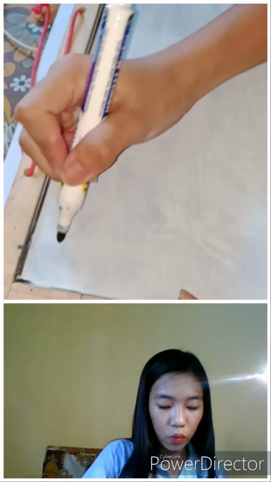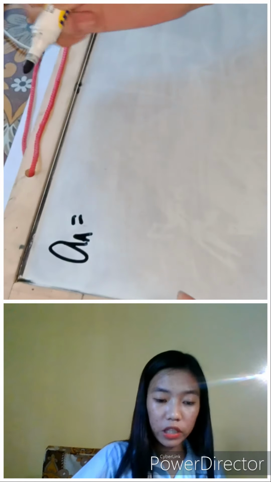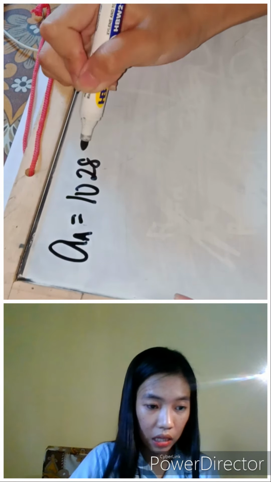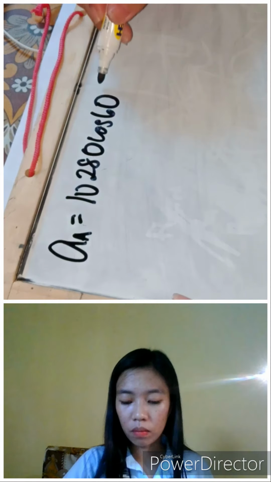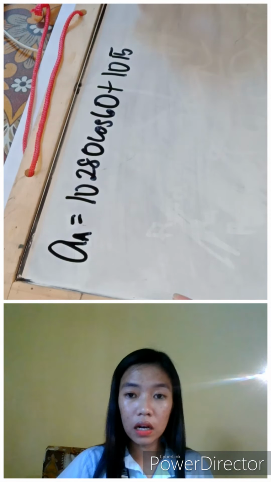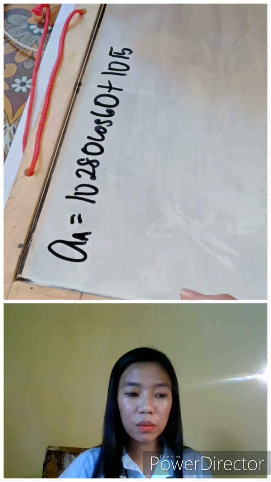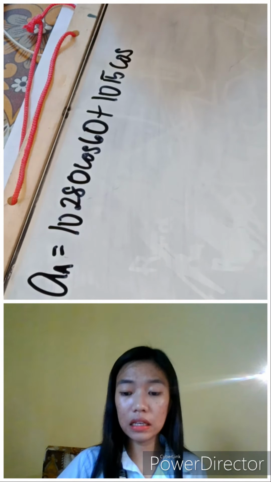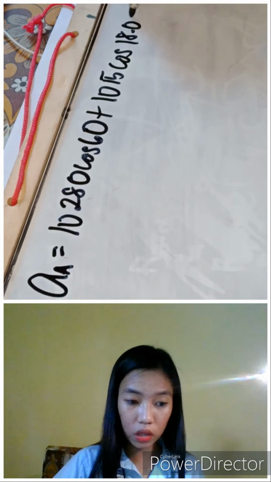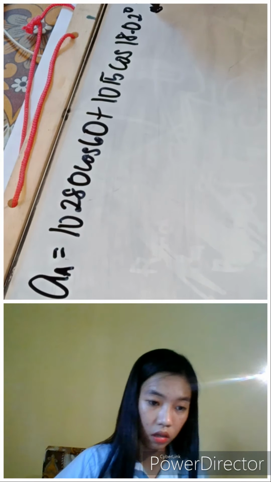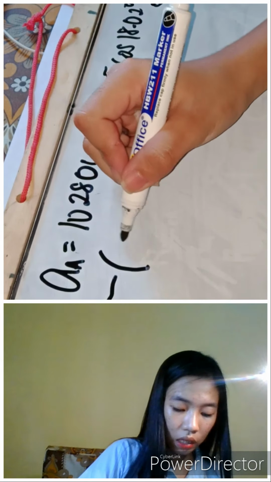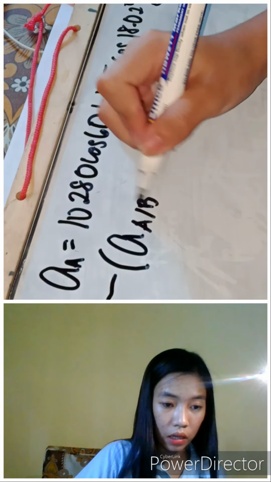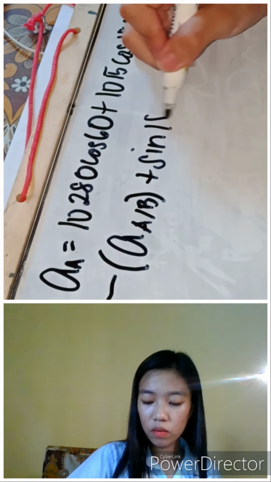So for the acceleration of point A, we have acceleration of point A is equal to what we computed earlier, the acceleration at point B, 10,280 cosine 60, plus 1,015, the normal relative acceleration for point A to B, cosine of the angle we got earlier, 18.02 degrees, minus the tangential acceleration from point A to B that we are looking for, plus sine 18.02.